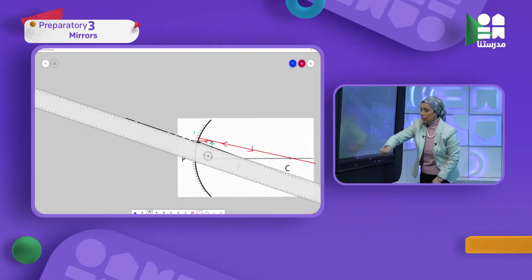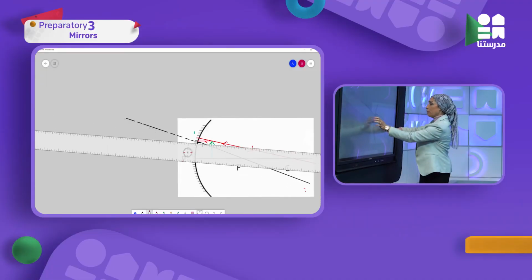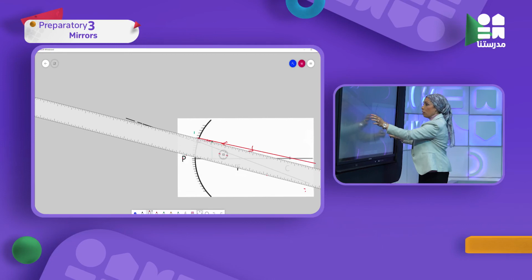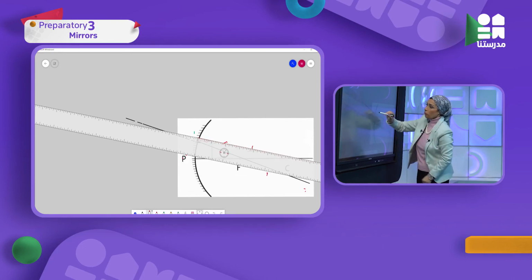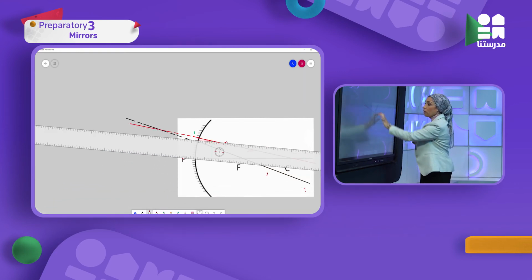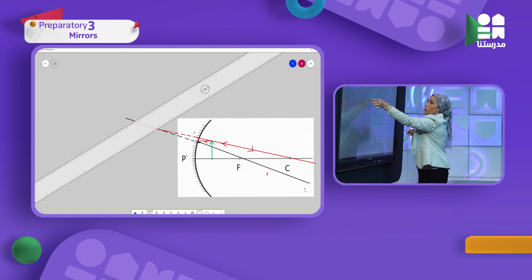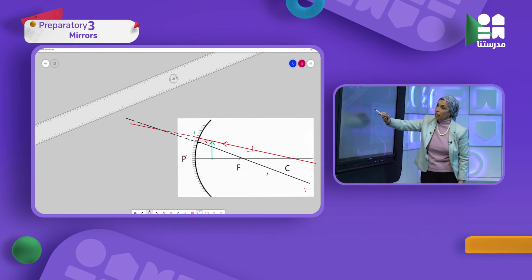And here is the extension of the second reflected ray, which reflects on itself. So where do they meet together? Here. This is the point of intersection. From this point I'm going to make the head of the arrow.